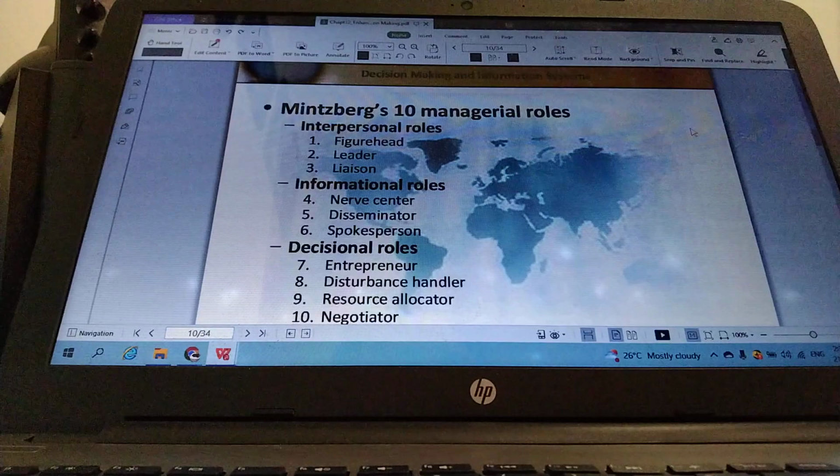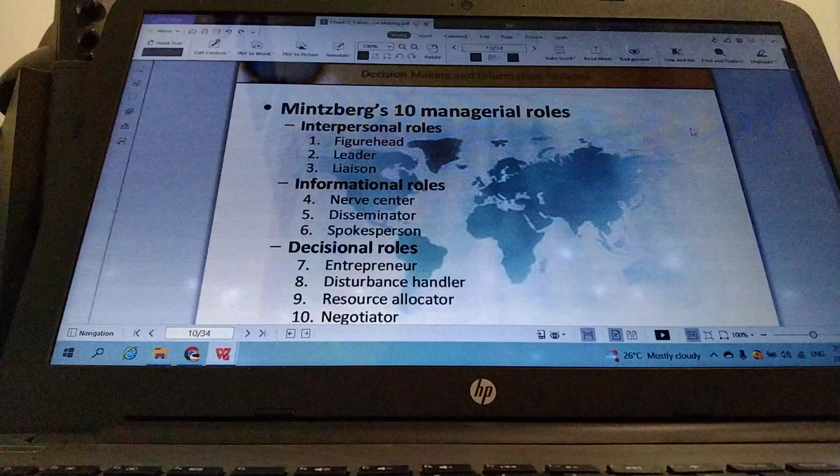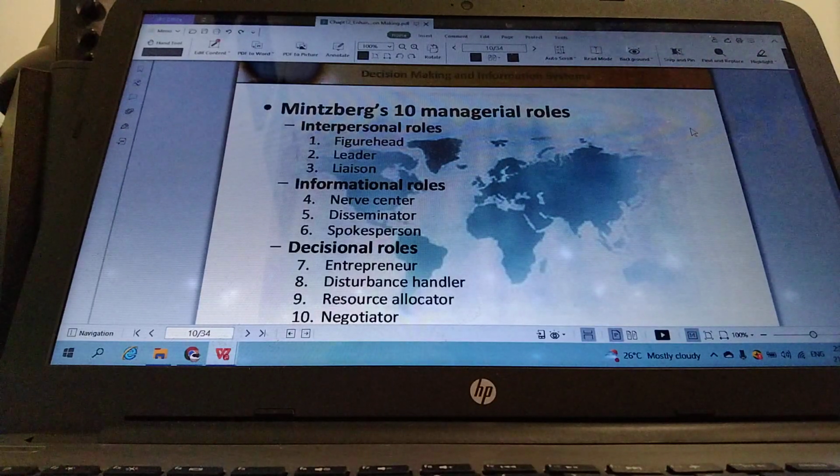In the next slide, what you can see is Mintzberg's 10 managerial roles. So we're going to quickly look at what are the functions or roles of the managers or management team, so that we understand where they need to make decision, what type of decision, and how they can make use of the information system in making decision.